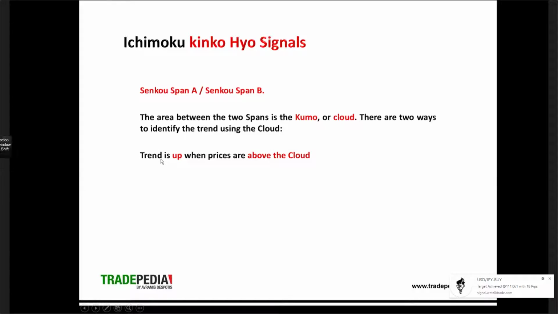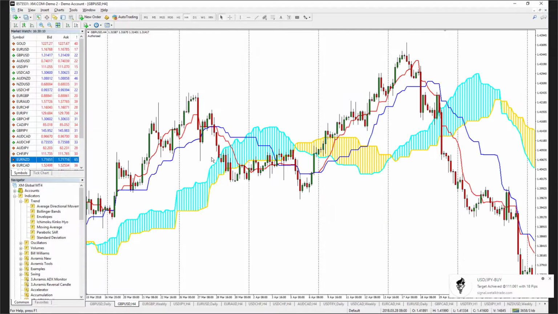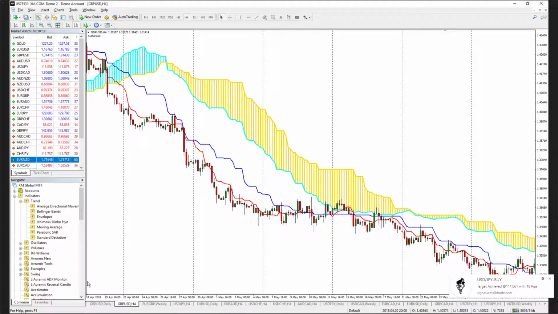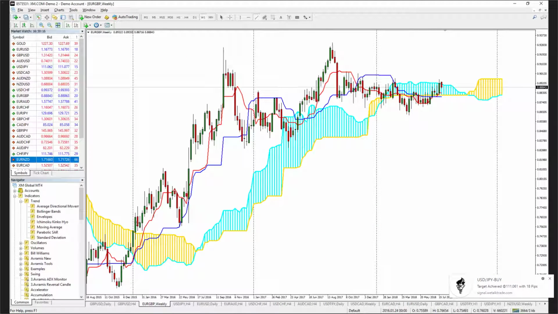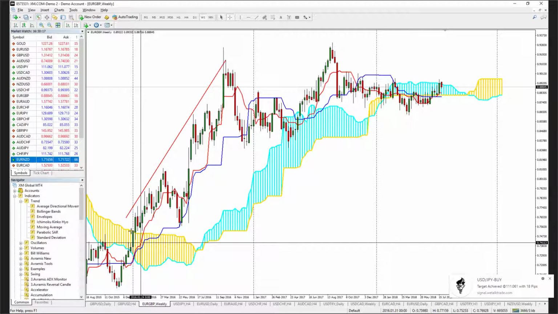First, trend is considered bullish when prices are above the cloud. Simple as that. So, where's a nice uptrend? Price is considered bullish as long as the price is above the Kumo.